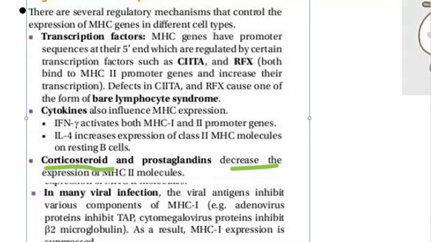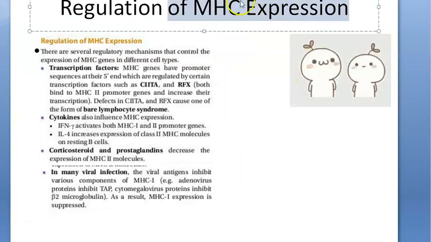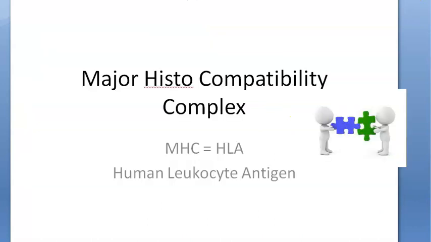So what will happen? Your immunity will be suppressed. You will not likely reject the organ which is being given to you. Okay, so that is the hope. So that is it about MHC, guys. That is why they do this match, because this is very important for accepting the organ.